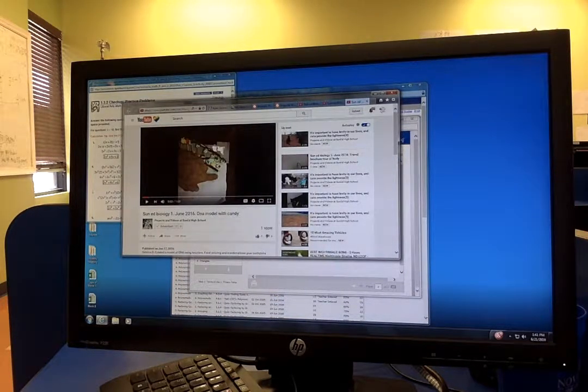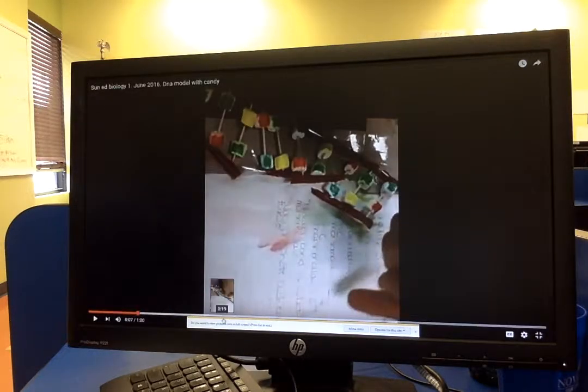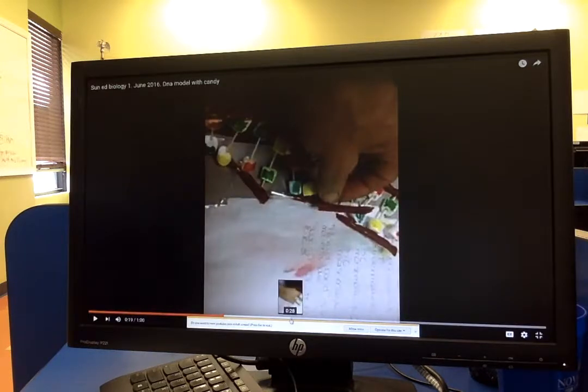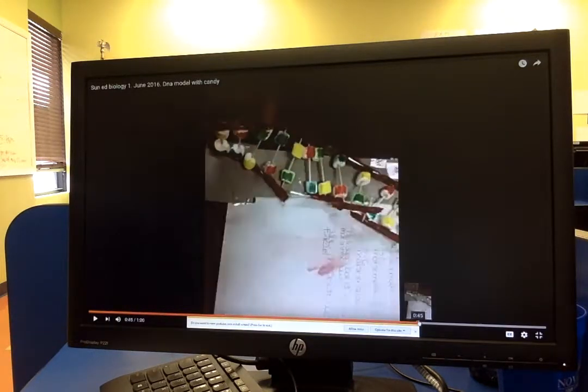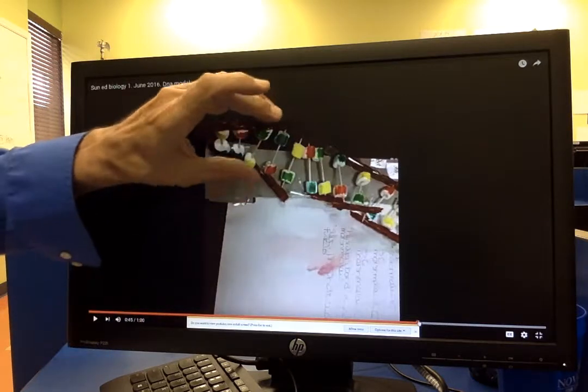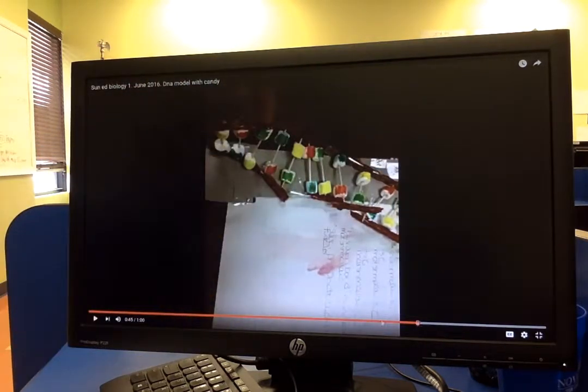Yeah. And then the fourth project had something to do with DNA and the structure. Yeah. I did a DNA structure out of Twizzlers and marshmallows and toothpicks. And I've seen this done before, but I thought your execution was very precise, and you made it large enough so people can see the two separate bands.